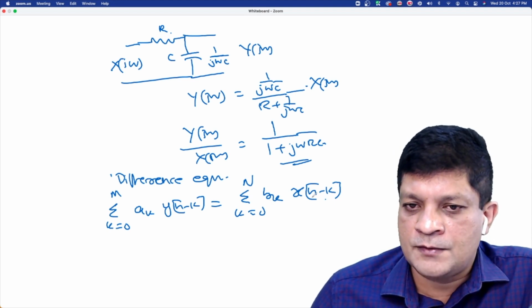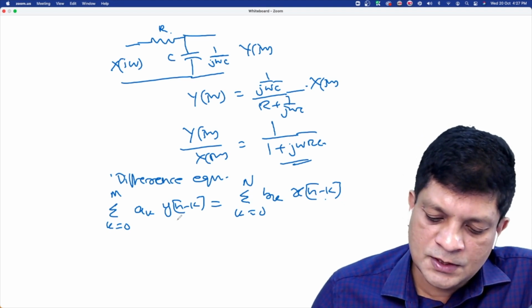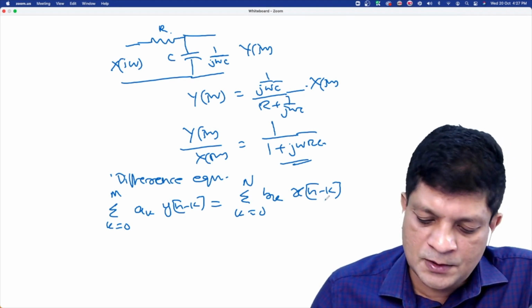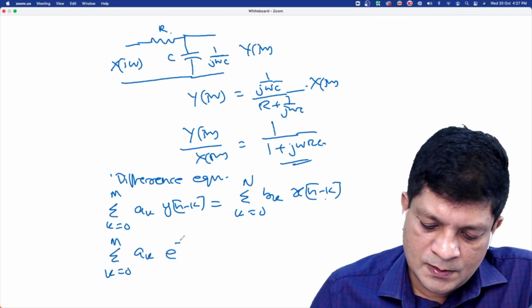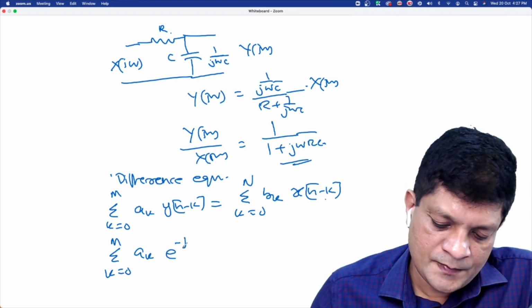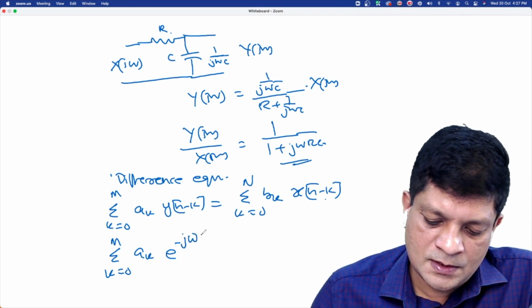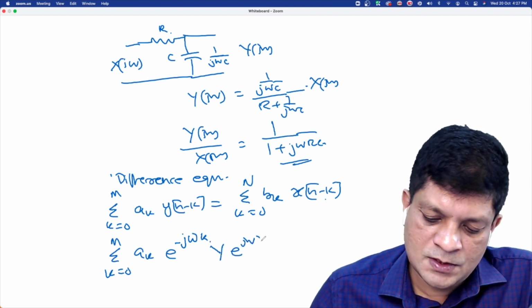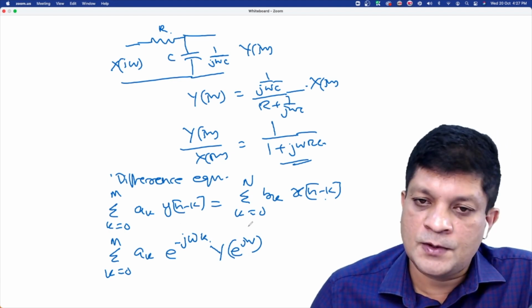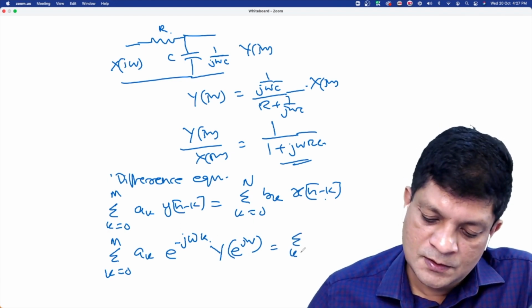And if you take the Fourier transform on both sides using the time shifting property of the Fourier transform, we will get this expression: summation 0 to N of a_k e to the power minus j omega k into Y of e to the power j omega. Take the Fourier transform on both sides.